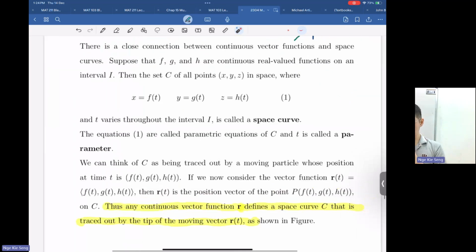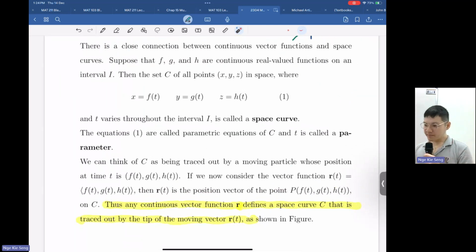Okay, so there's some terminology here. Well, let's say we have our XYZ coordinate. We can explain using functions ft, gt, ht. Moreover, if f, g, h, all of them are continuous, then this curve you sketch out is a space curve.